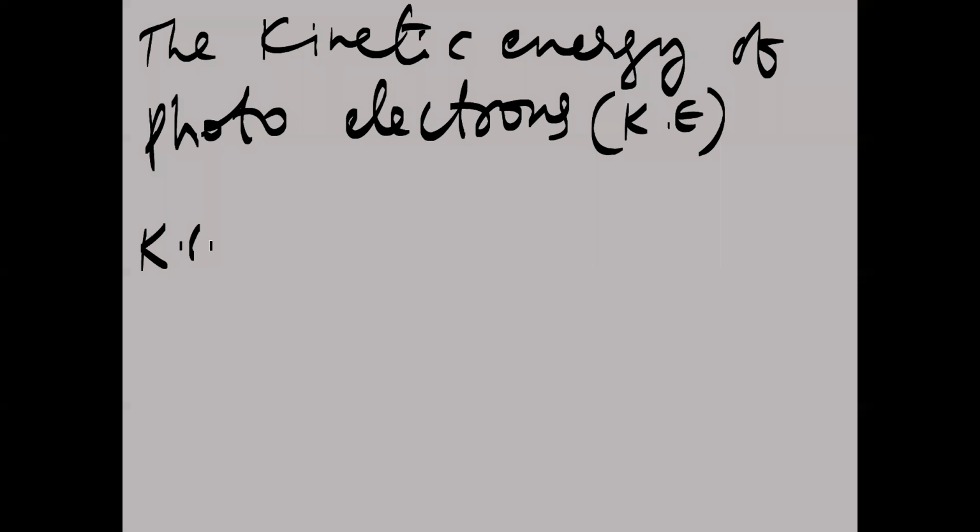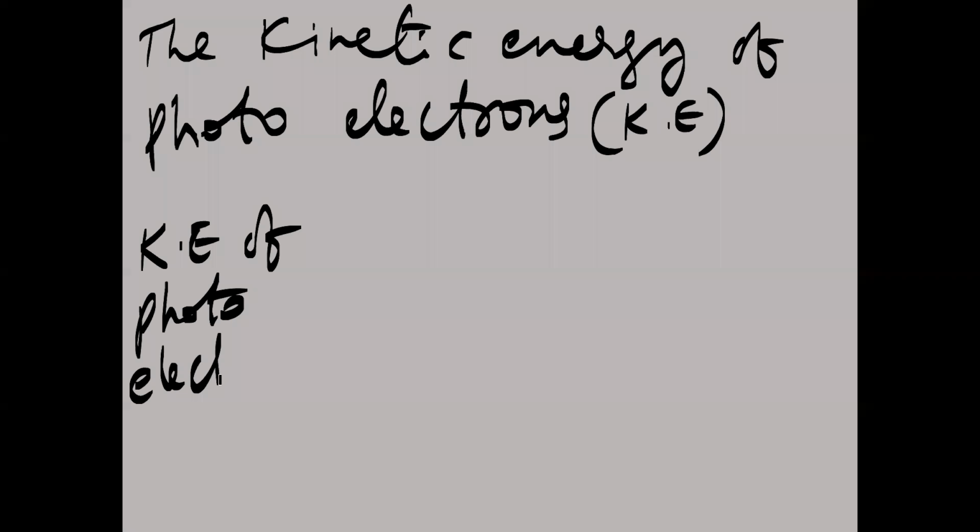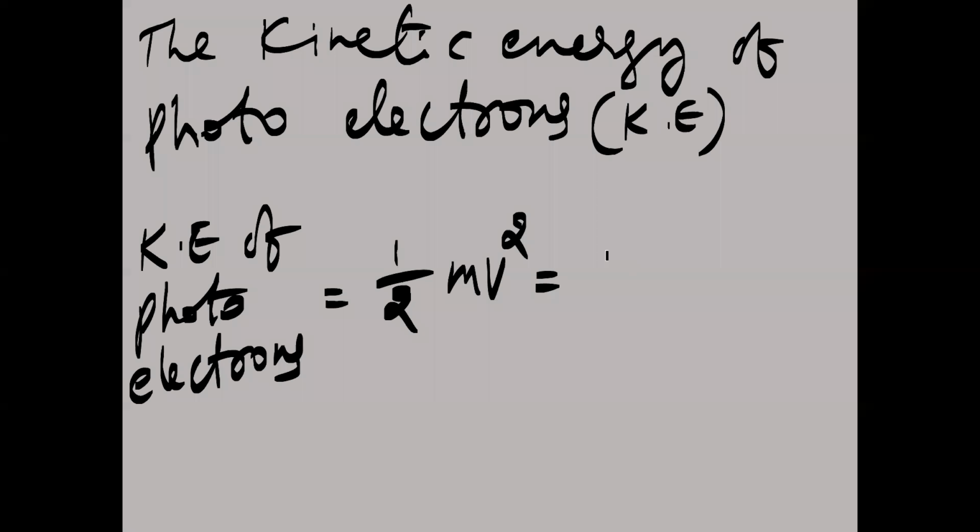Now this KE, the kinetic energy of photoelectrons, is equal to half mv square, which is equal to h nu minus h nu naught.